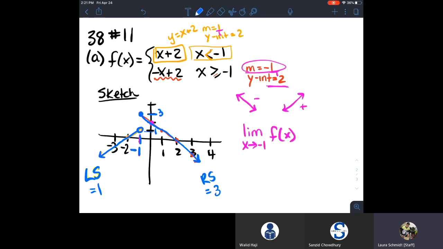If the left and right sides of the graph don't approach the same y value, then your limit does not exist. You can't definitively say what each side approaches, because they approach two different y values. Does that make sense? Yes.